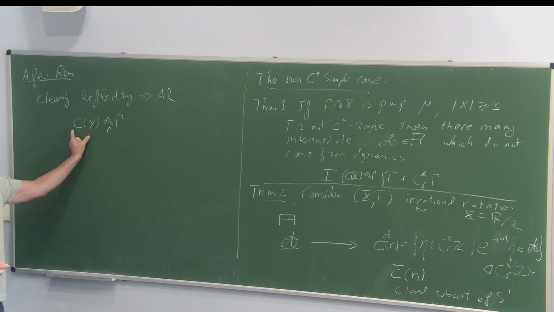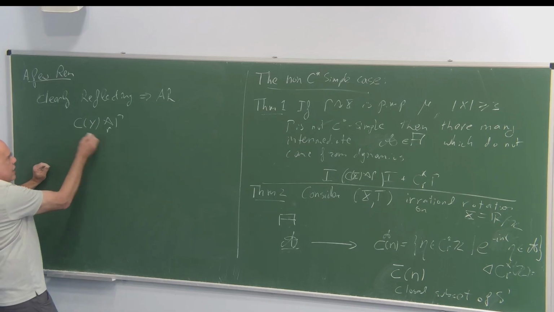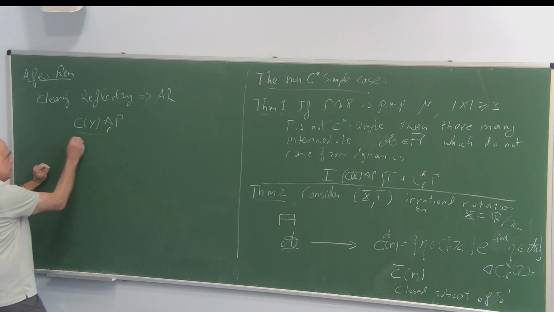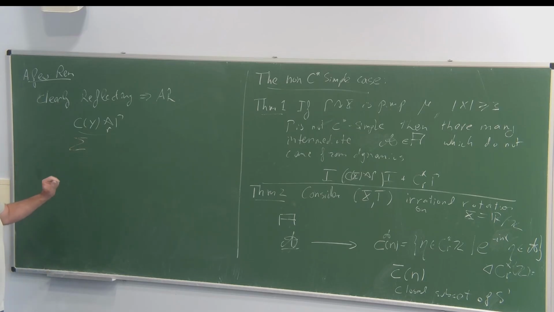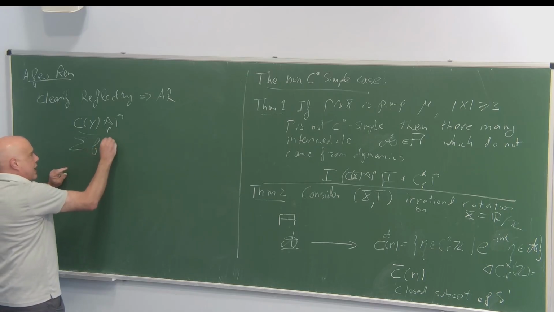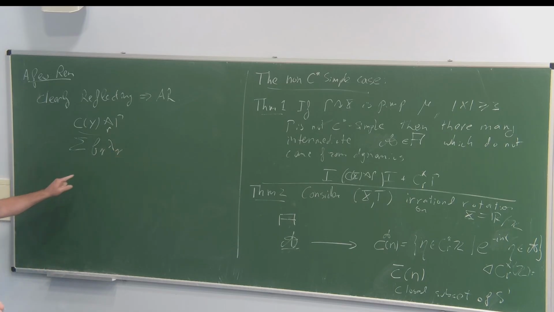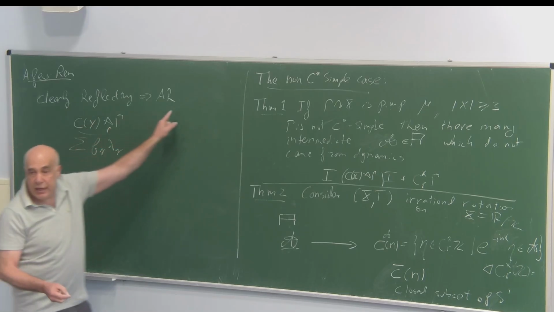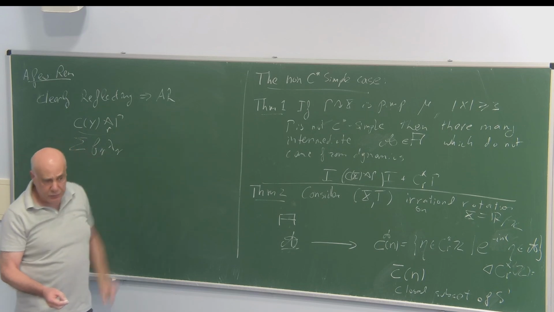You can think of this conditional expectation schematically: if you think of elements of this algebra as sums f gamma lambda gamma, then this conditional expectation just extracts the function that is in the constant coefficient, right? So it's clear that reflecting really implies almost reflecting.